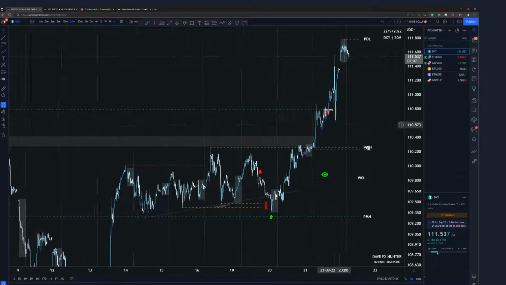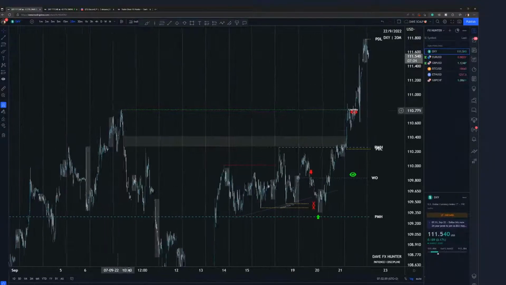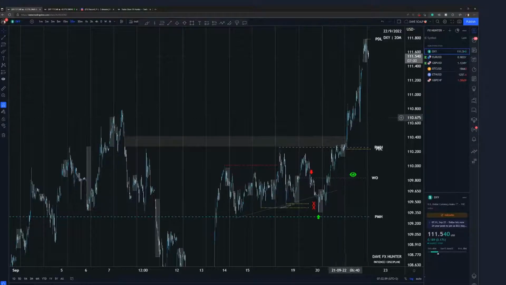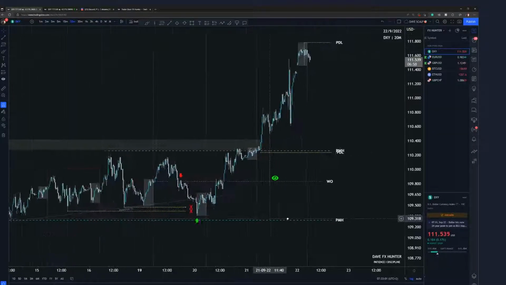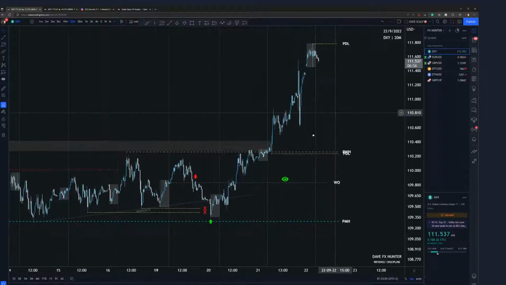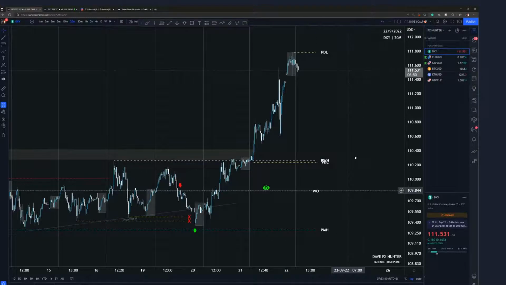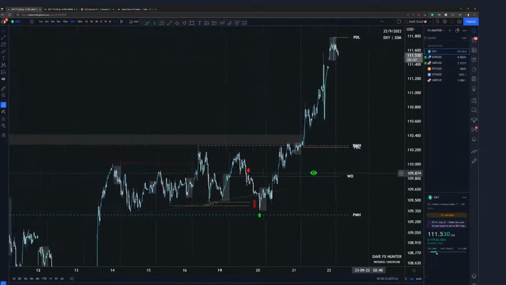Then we had this liquidity level, this old high, which was taken out, so I'm going to delete it. It's not important for me anymore. This is all I need to know from here. I got previous day's high, previous day's low, the week's levels, and that's basically it.